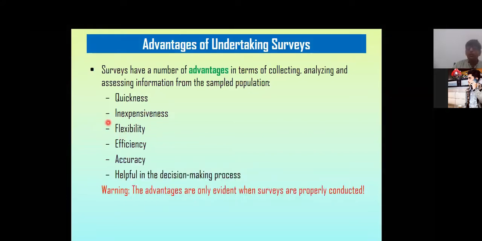Flexibility: highly flexible because different people can be your respondents. Efficiency: highly efficient, and in less time you can cover the maximum number of respondents. Accuracy: much more accurate and helpful in the decision making process. This is a very important thing, because the qualitative survey sometimes may not help you decide, but the quantitative survey may help you all the time, because the results are given to you in quantitative form.